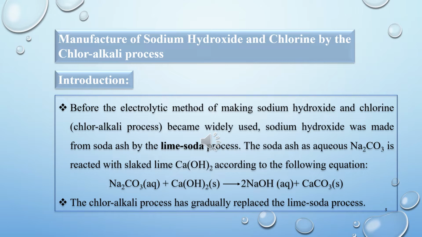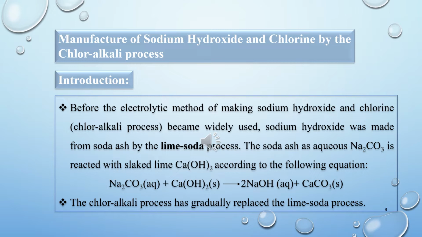Before the electrolytic method of making sodium hydroxide and chlorine, the chloralkali process became widely used. Sodium hydroxide was made from soda ash by the lime soda process. This soda ash as aqueous Na2CO3 is reacted with slaked lime, Ca(OH)2, according to the following equation.